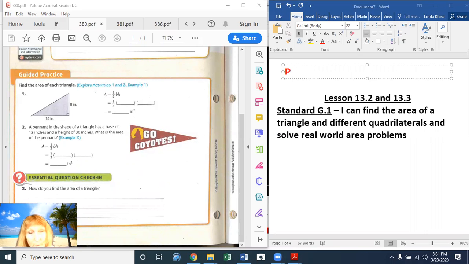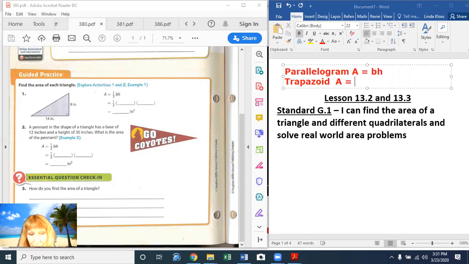The formula for a parallelogram, if we remember that from the last video, is area equals base times height. Very good. The area for a trapezoid is equal to, remember that?